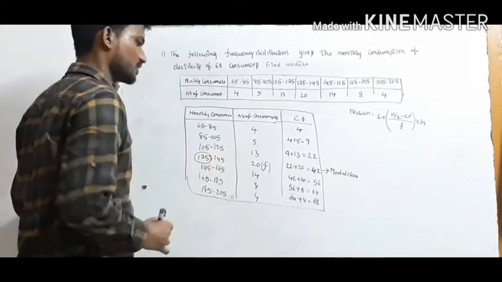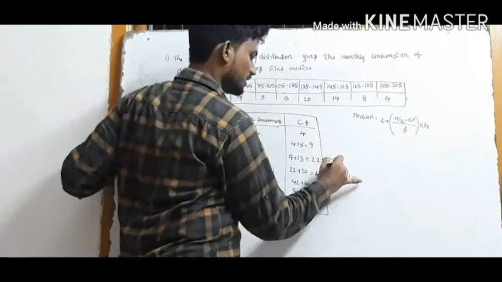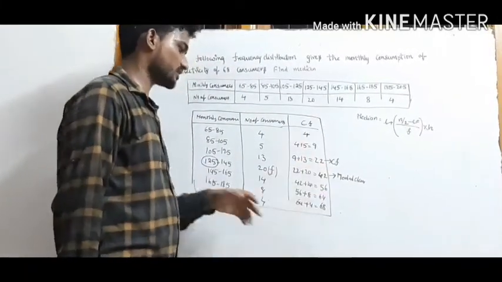The lower limit of the modal class is 125. The cumulative frequency of the class before the modal class is 22.